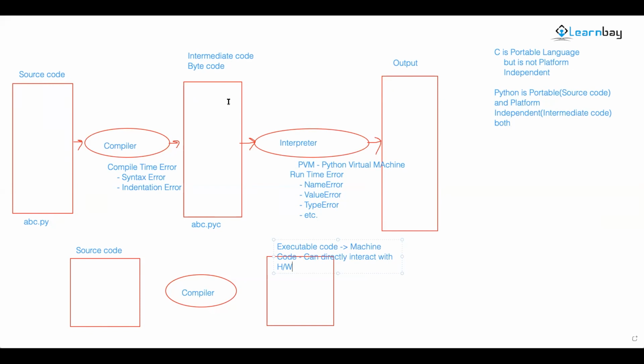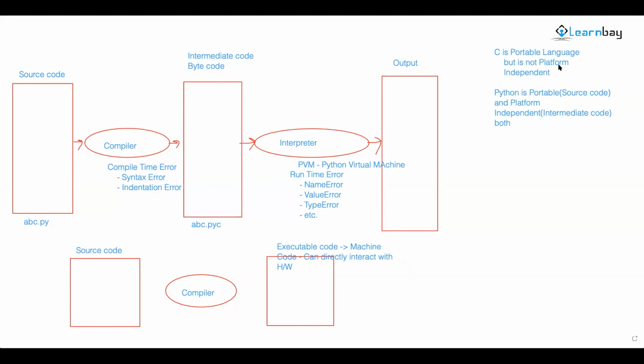Anything else? Abhishek, if you say that C is portable, the source code can be used on any other machine. But in C, there is no intermediate code, so how can we say it's platform independent? It's directly interacting with the hardware, and that's why C is not platform independent.